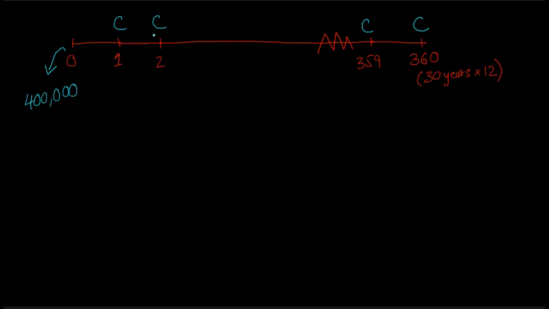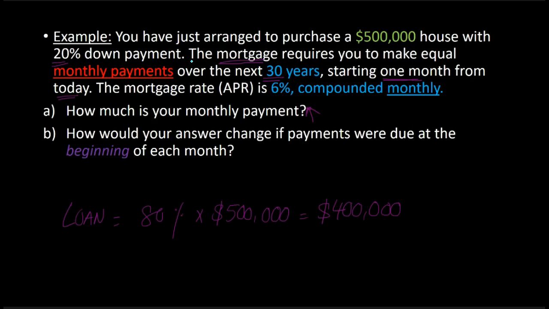Now, this looks very much like an annuity because you're going to be making constant payments at regular intervals for a fixed number of months. The one thing that is missing here is, what is the interest rate? And this is very, very important. While the interest rate is given to you as 6%, this is annual.